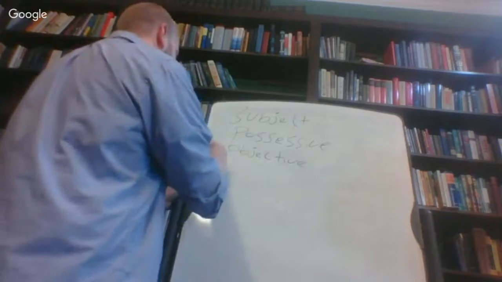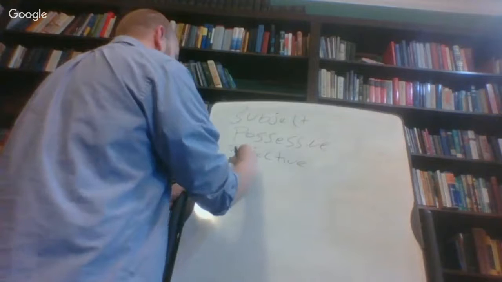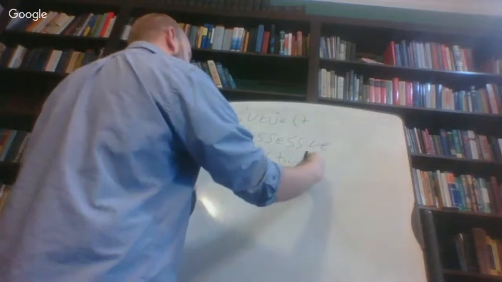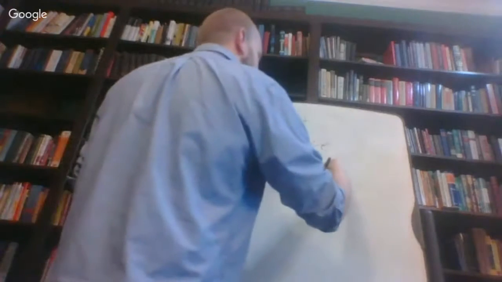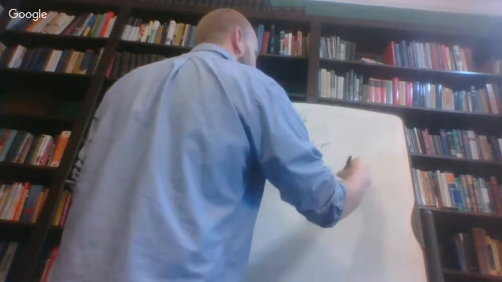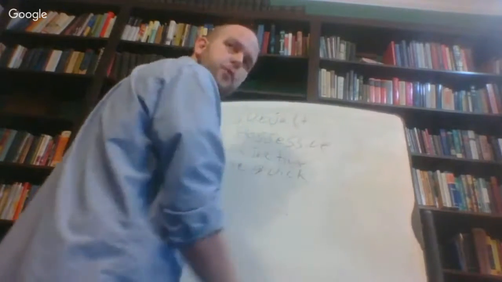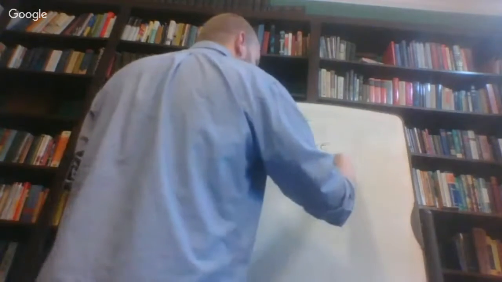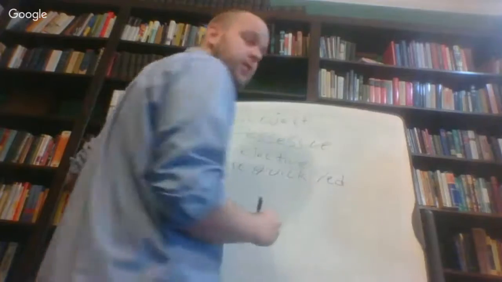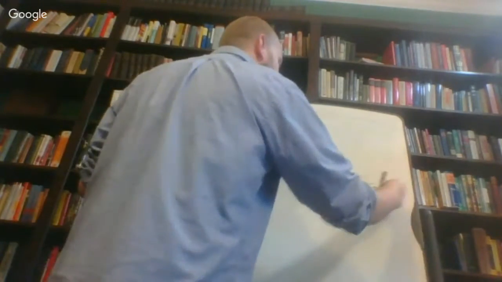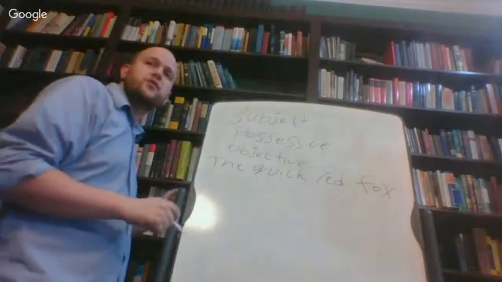So let me write out a sentence for you. The quick brown fox. Have you guys, or sorry, the quick red fox. Have you guys heard the sentence before? Yeah. We are going to diagram this a lot through the course of the next few months, just because it has a lot of the parts of speech in it.